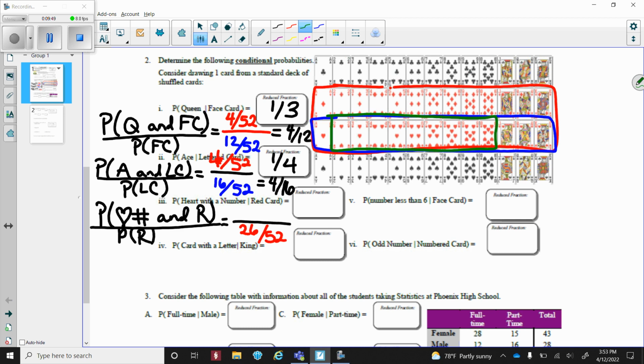Ace, Jack, Queen, King do not have numbers. So I'm only looking at 2, 3, 4, 5, 6, 7, 8, 9, and 10. I have 9 different numbers. So I'm going to set up 9 divided by, oops, I'm sorry, not 2, but 52. When I simplify this, I will get 9 divided by 26.